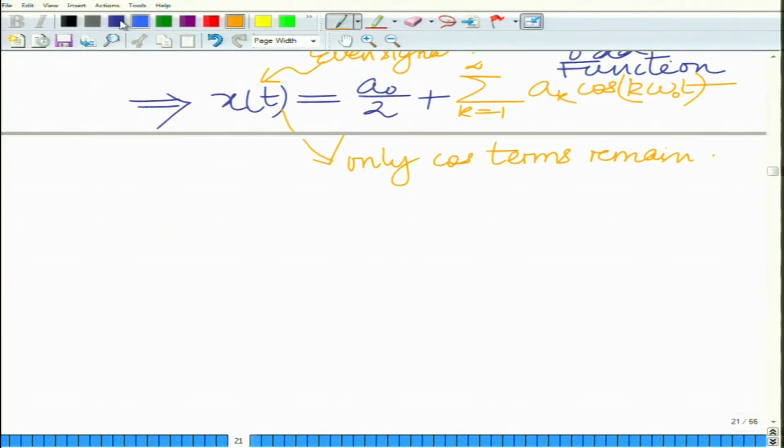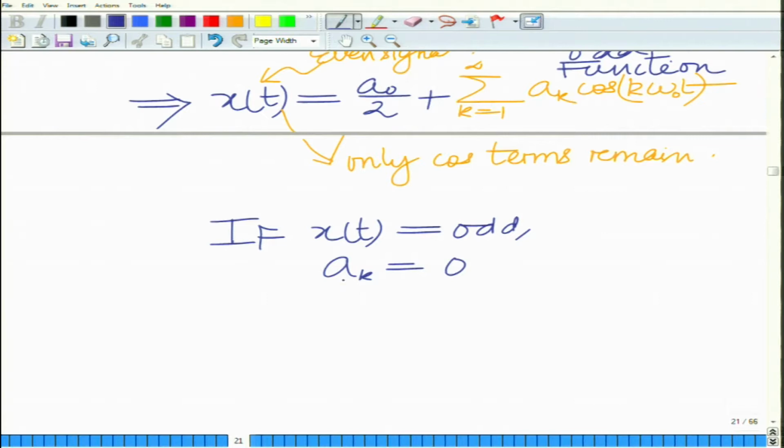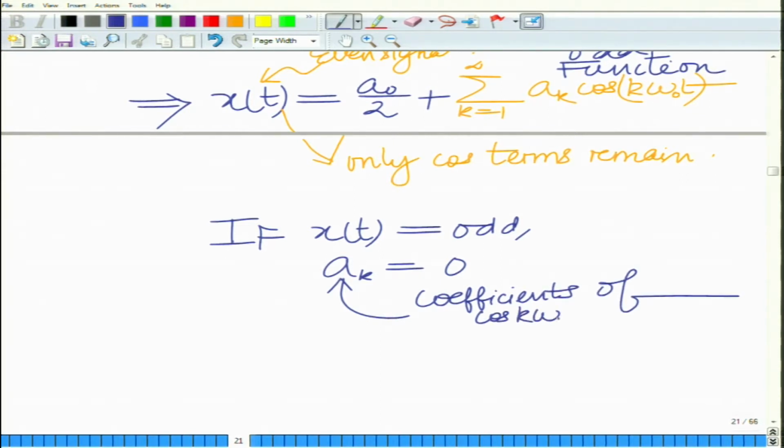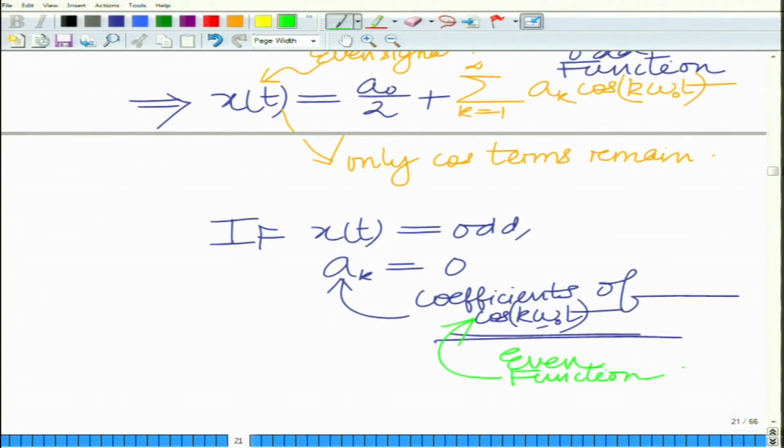However, if xt is odd, then the ak's are 0. Remember, the ak's are coefficients of cosine k omega naught t, which is an even function, and so is the DC component.